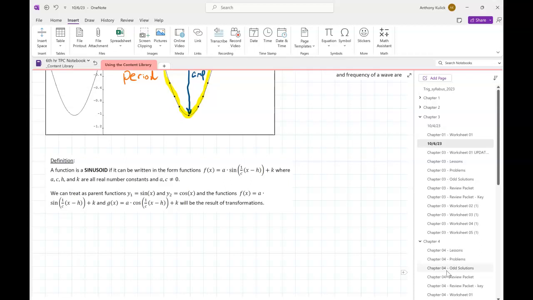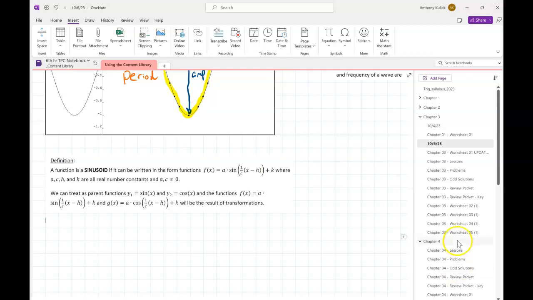So we can treat sine x and cosine x as parent functions, and the functions a times sine of 1 over c x minus h plus k, and a cosine of 1 over c x minus h plus k, as resultant functions.